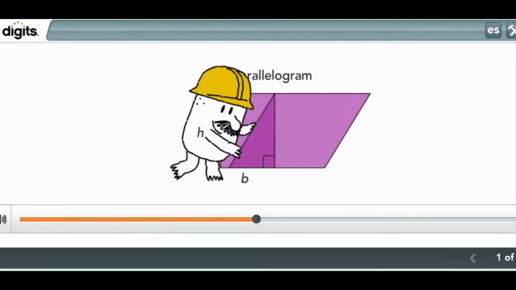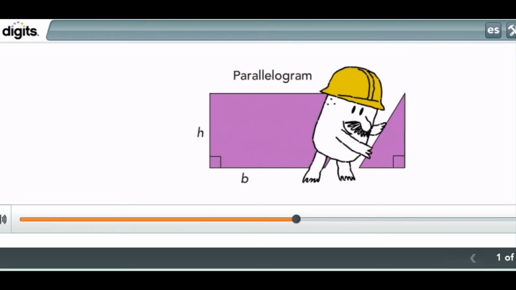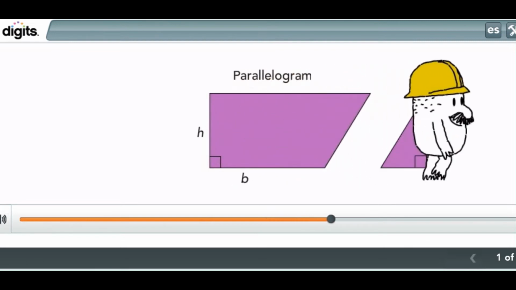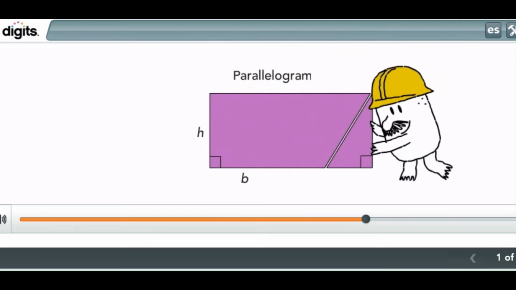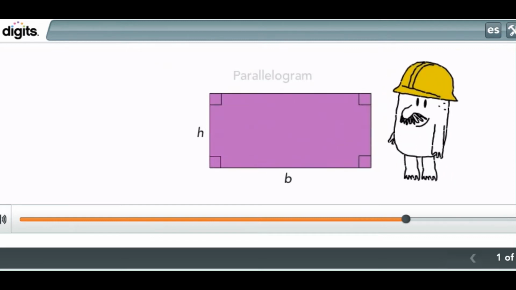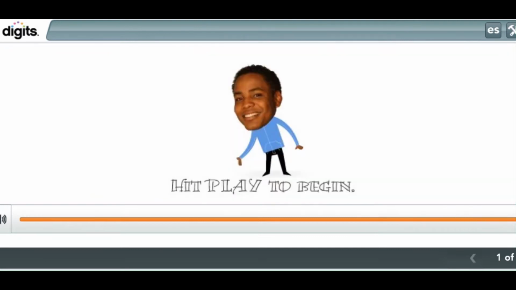Move the triangle to the other side. Then push the pieces together to form a rectangle. So you can decompose a parallelogram to form a rectangle with the same base and height as the parallelogram. So that's why we use the formula area equals base times height.